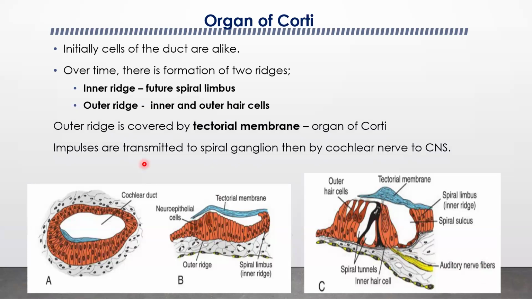And maybe to finalize, the outer ridge is now covered by the tectorial membrane, giving us now a definitive organ of Corti. Now, at this point, I've alluded that impulses are transmitted to the spiral ganglion, by this cochlear nerve to the central nervous system. I guess at this point that's obvious.